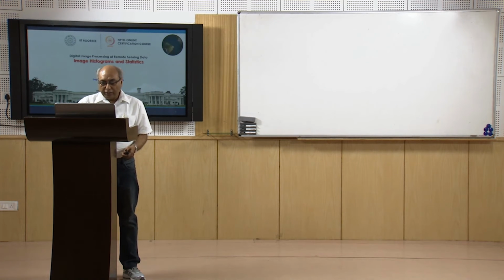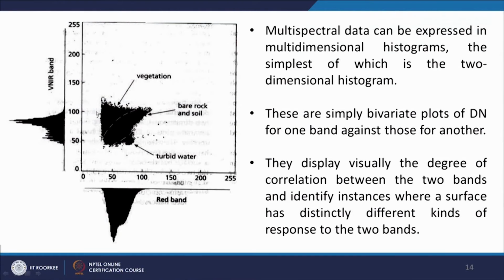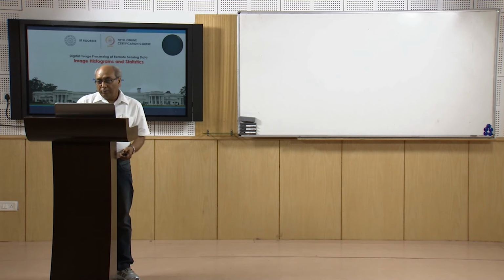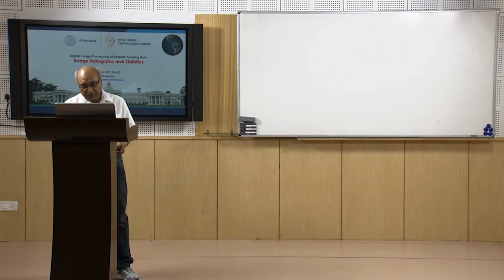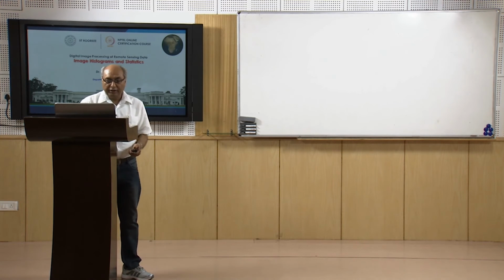Like in this one, the vegetation is plotted here, whereas bare rocks and soils are plotted here, and turbid water with high turbidity plots on the lower right side. So this can give us a lot of information about the image, and bivariate scatter plots are also used while image classification is performed. So they are very important to understand.